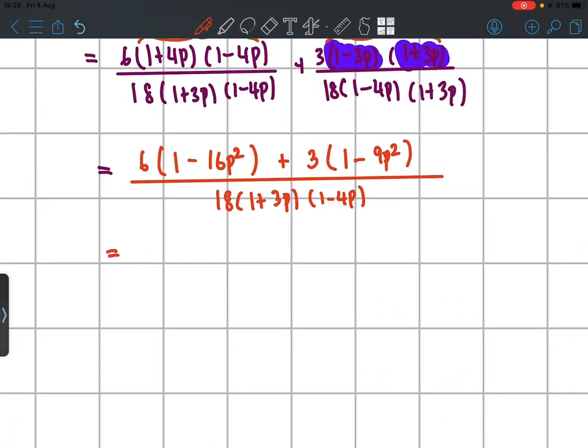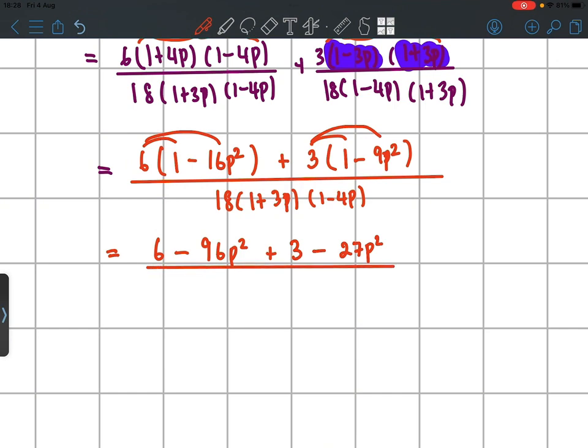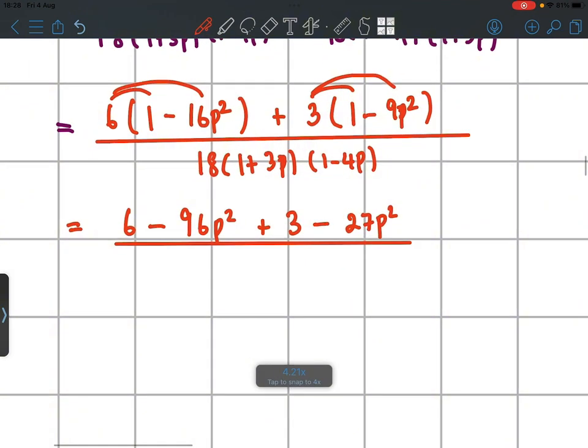Okay, so we expand the bracket, so we get 6 minus 16 times 6 is 96p square, plus this and that. Okay, so it is plus 3 minus 9 times 3 is 27p square, is it? Then we try to expand the first and the second term, the second and the third term over here.